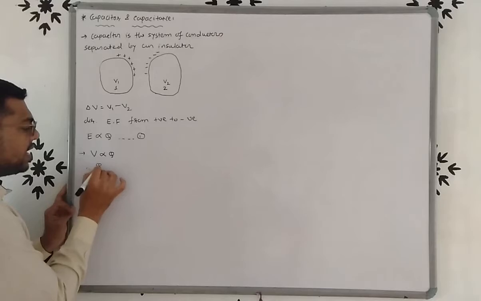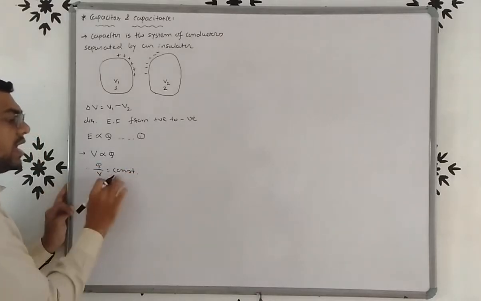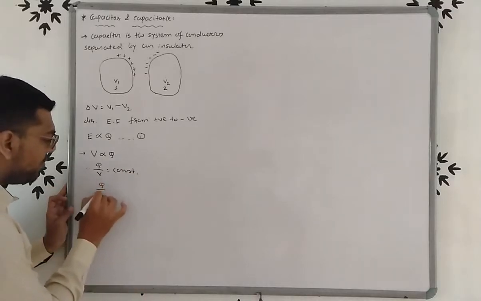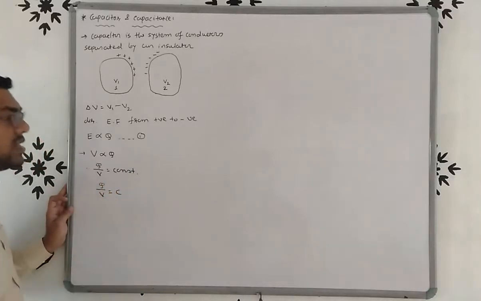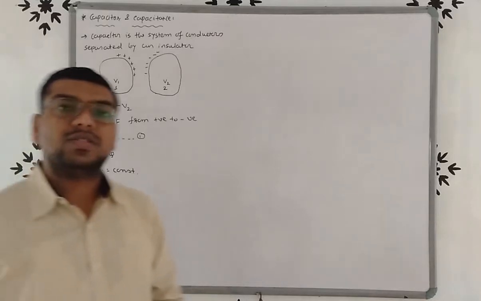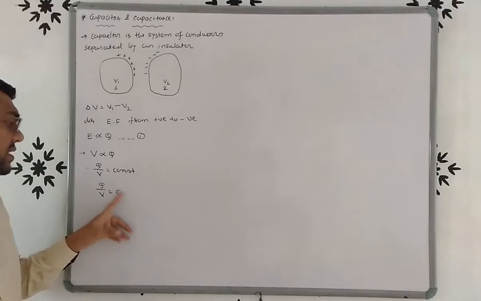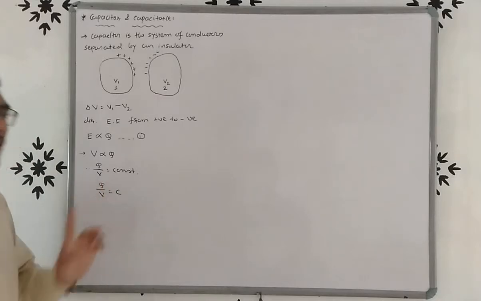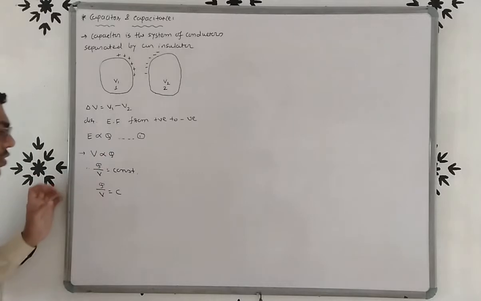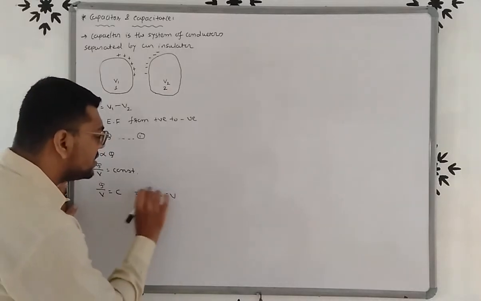So here we can write that Q by V is equal to a constant, and this constant is known as C. So Q by V is equal to C. This C is known as capacitance. So what is capacitance? Capacitance is the ratio of charge to potential. So C is equal to Q by V, or we can also write Q is equal to CV.